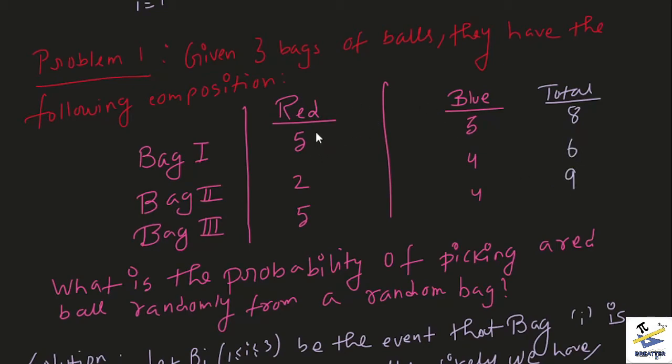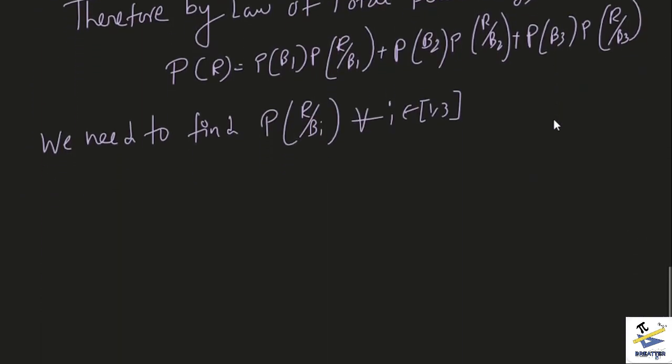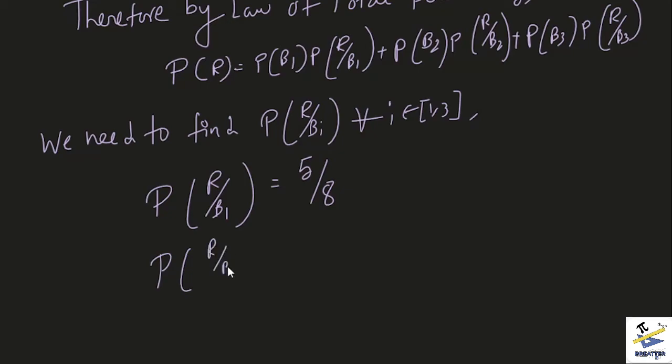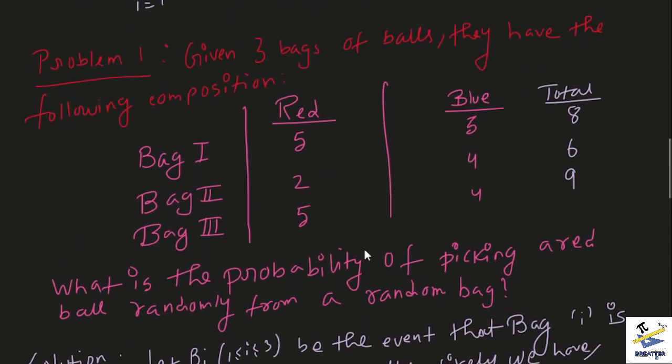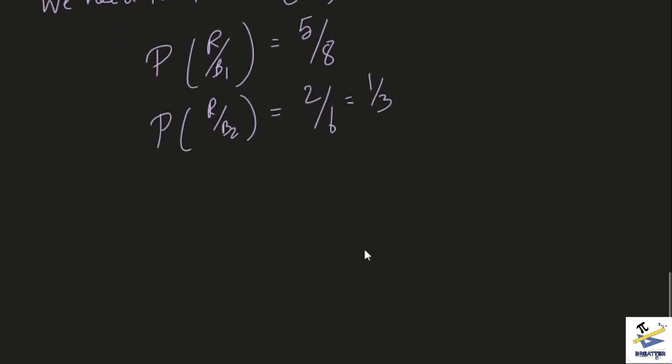So you can see the probability of choosing a red ball from bag 1 is 5 by 8. So we can write probability of R given B1 is equal to 5 by 8. Similarly, probability of R given B2 should be 2 by 6, which is 1 by 3. Let us check. It is 2 by 6, and the last one is 5 by 9, right? And probability of R given B3 should be 5 upon 9, right?